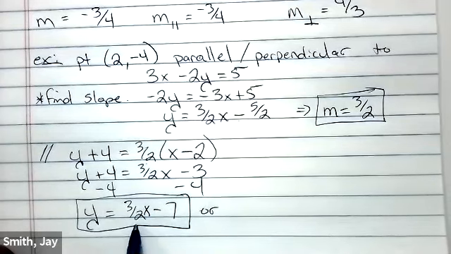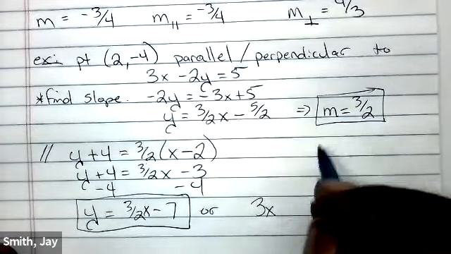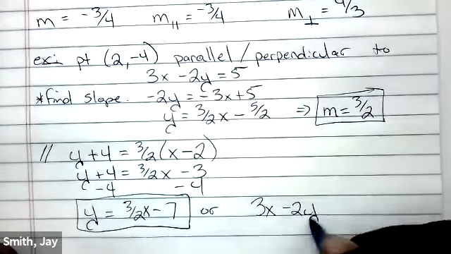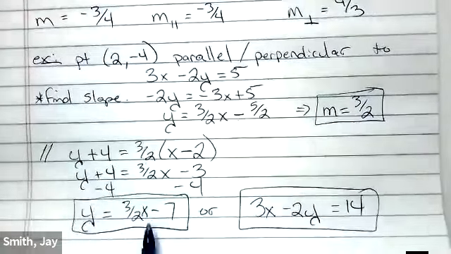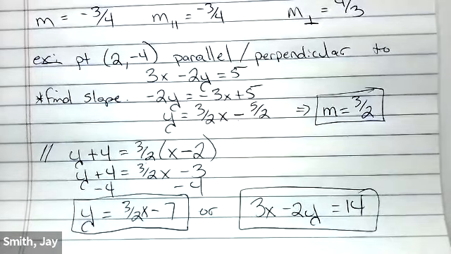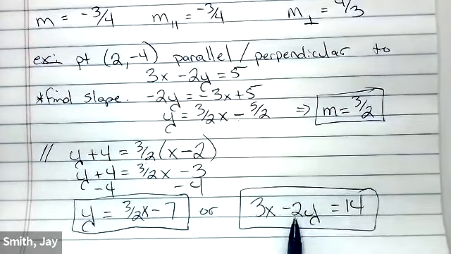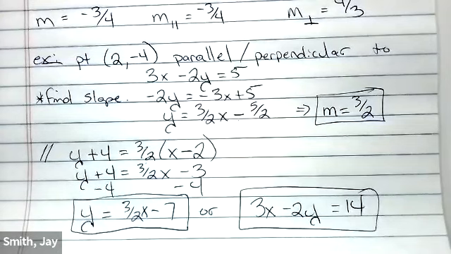And multiply everything by 2 to get rid of that fraction. So in standard form, this will be 3x minus 2y is equal to 14. All right, so technically, either way, slope-intercept form or standard form, these are both still the equations of the line. All right, and also note, this equation is not the same as this one, but they do have the same slopes. Now we can work on the one perpendicular to it.